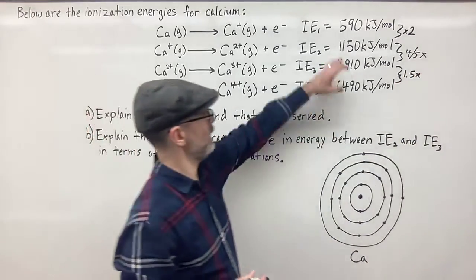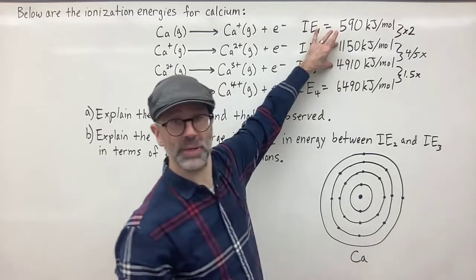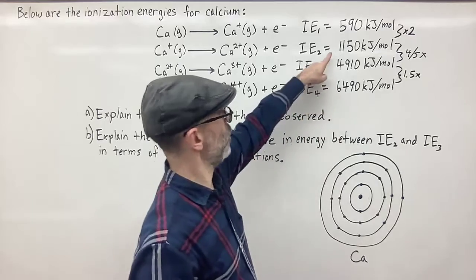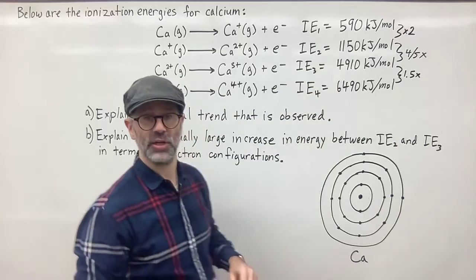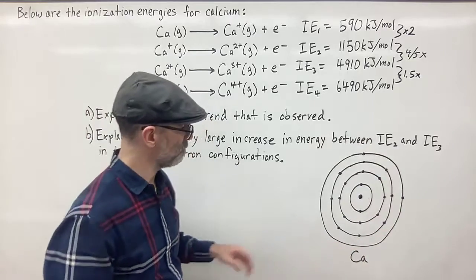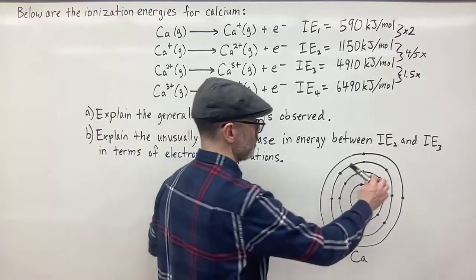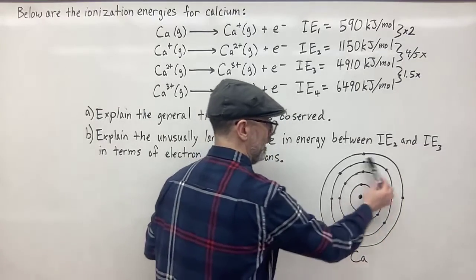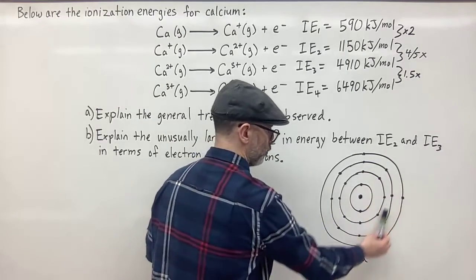So why is there such a large jump in energy needed to remove the electrons when you're going from the second to the third? Well, we were kind of touching on that in the picture here. So you'll notice that we have the core electrons here in the lower energy levels.